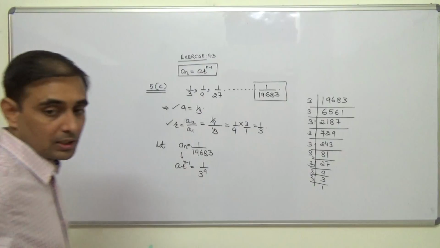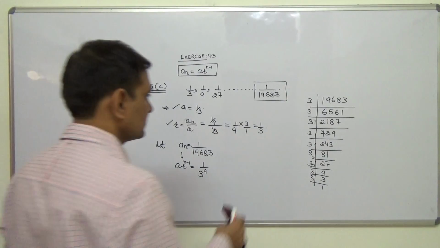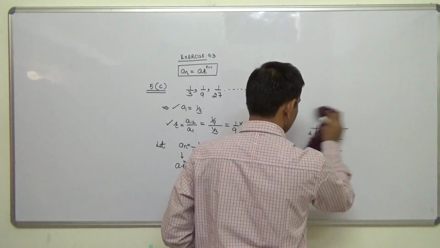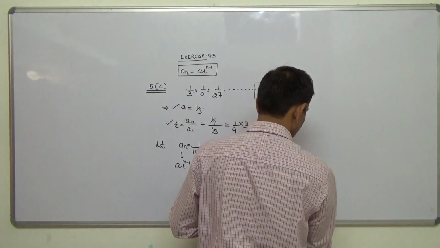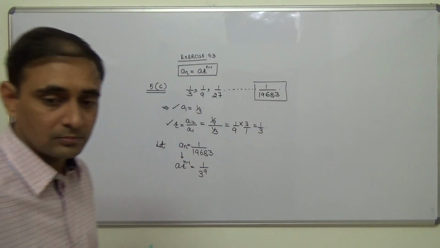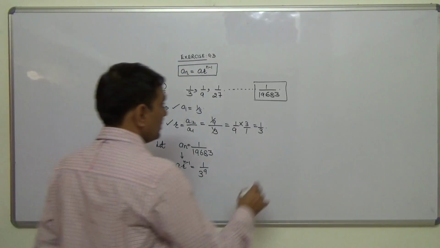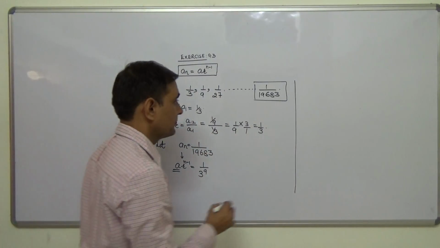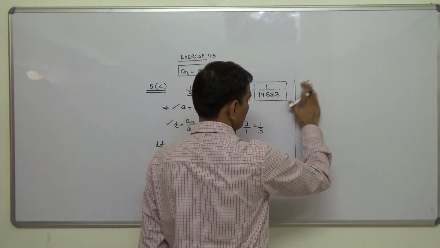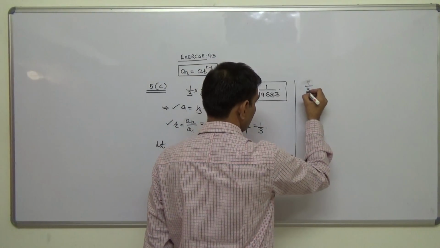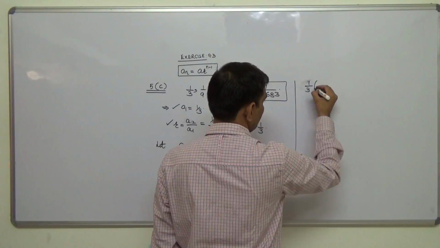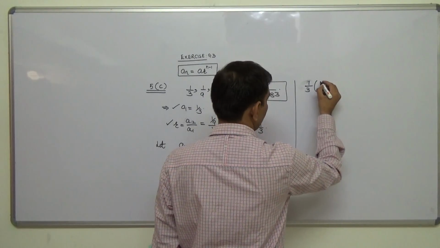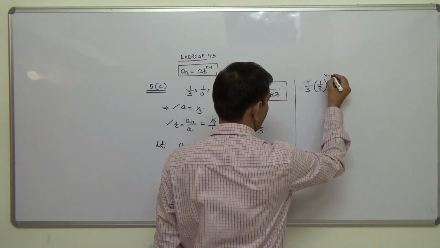Now we have a is 1 by 3, so 1 upon 3, and r is also 1 upon 3, to the power n minus 1.